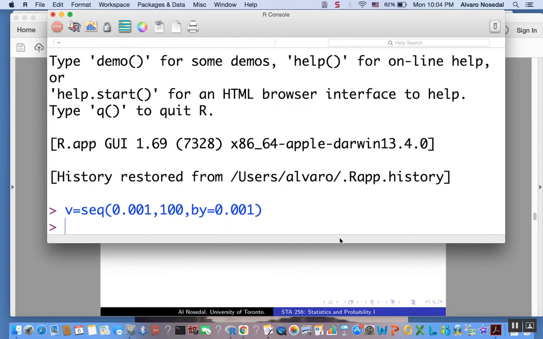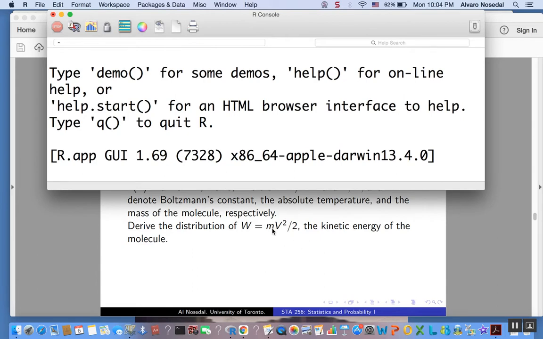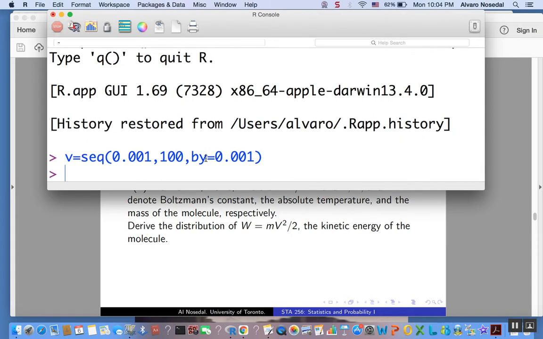And now let's create something that looks like w. We don't have the value of the constant m, so let me set it equal to 1. So what we have here is that w will be v squared divided by 2.